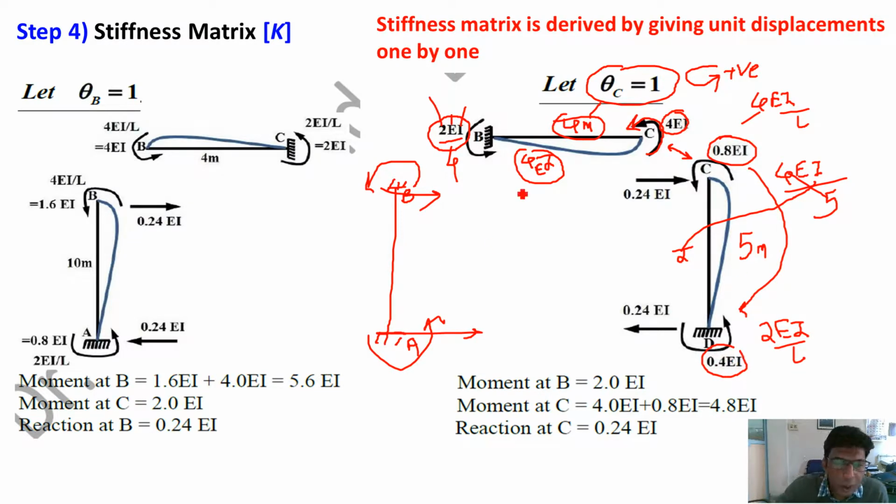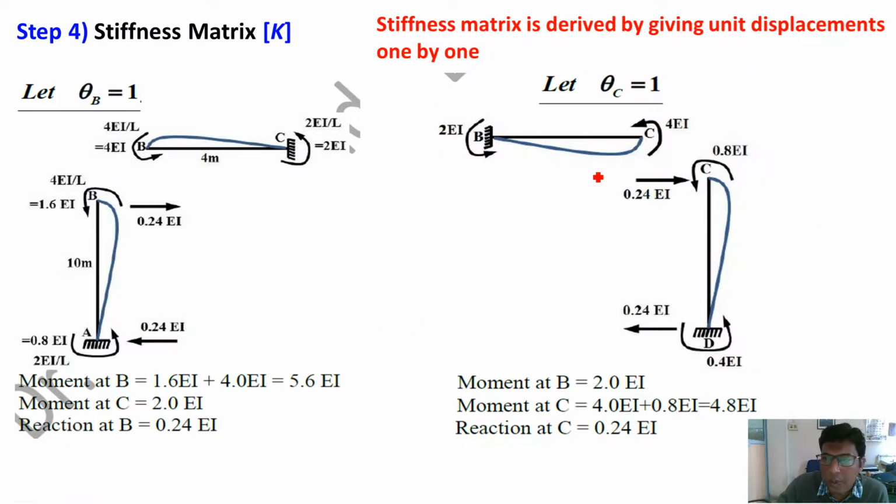Okay. Now the last part is reaction due to moments in the column. We are interested in only reactions of the column because horizontal reactions are actions corresponding to lateral displacement. So no need to find out reactions of the beam.